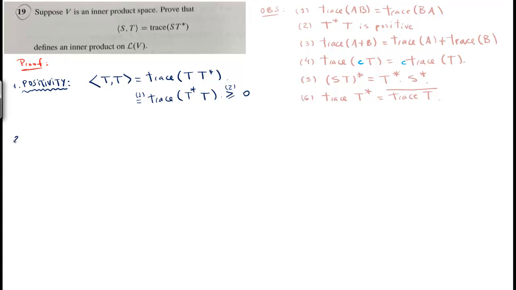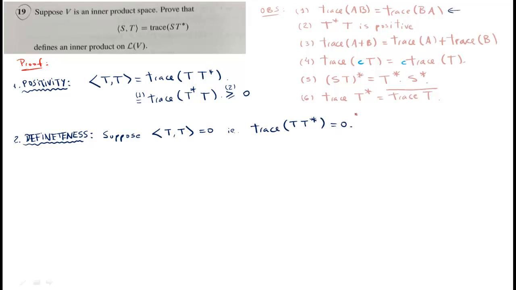The second property to prove is definiteness. Suppose the inner product of T and T is equal to 0. In other words, the trace, by definition, of T times T adjoint is equal to 0. By the first property, this is the trace of T adjoint times T equals 0.